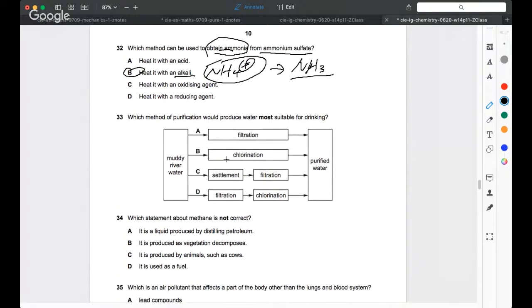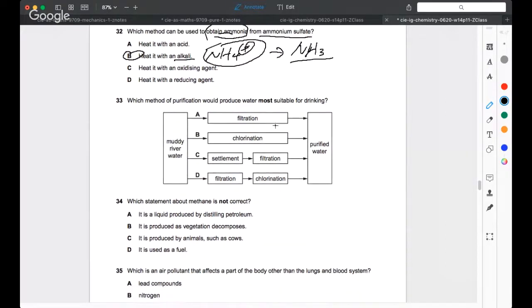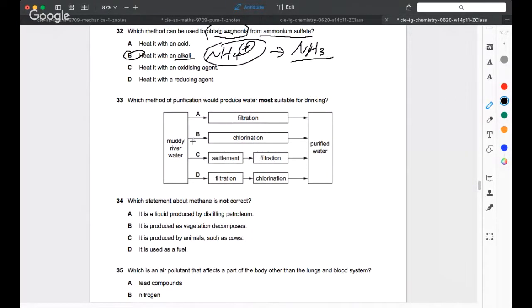Number 33. So we need to transfer the muddy river water to a drinking water. So the first step would be obviously to get rid of the mud. So we need to get rid of the soils. We do it by filtration.